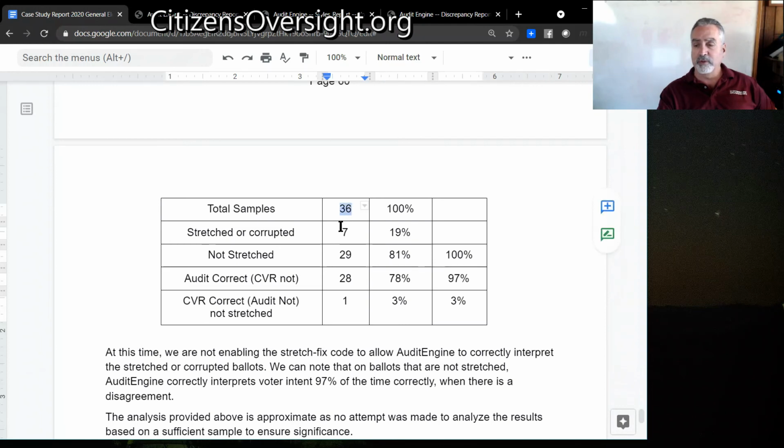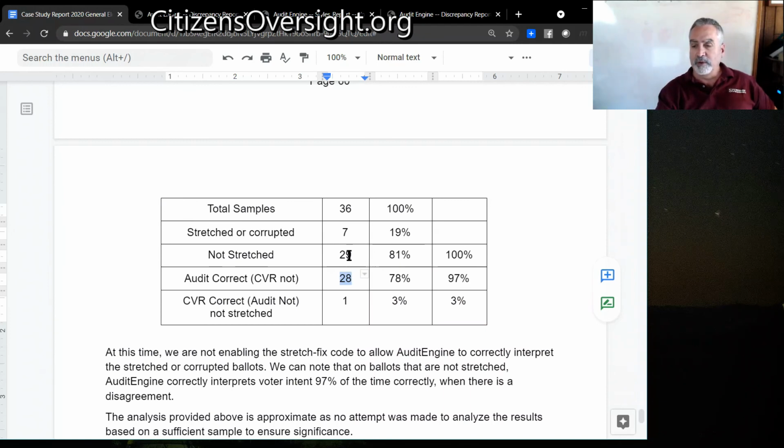And of those, 7 ballots were stretched. Now, these are the ones that we already disagree on, and so we're going to throw out all the stretched ones and say we're going to definitely review those. If they're not stretched, and we look at how many of those contests were correct, we got 28. The only one that we got wrong was that copy that was put on the ballot that said copy.